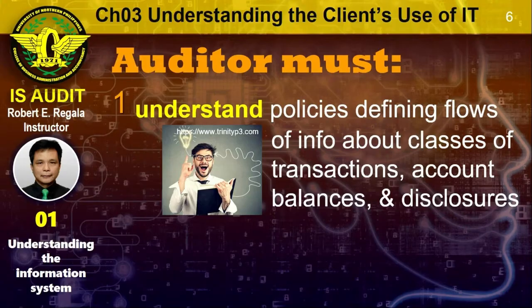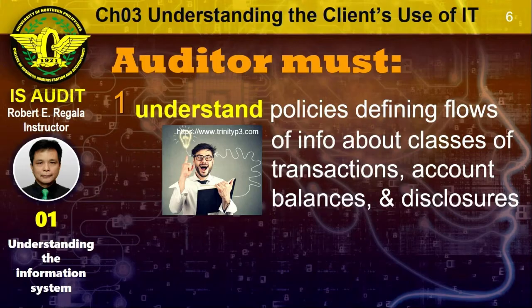This information and the information obtained from the auditor's evaluation of the information system may confirm or further influence the auditor's expectations about the significant classes of transactions, account balances, and disclosures initially identified.